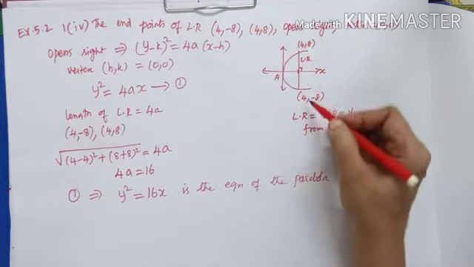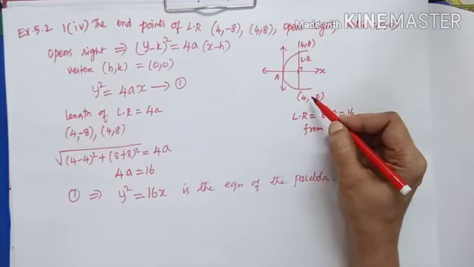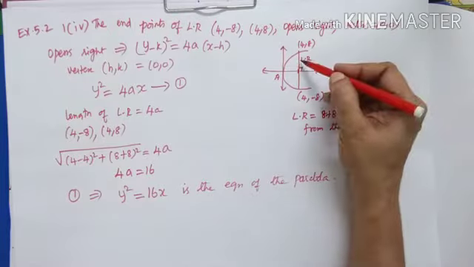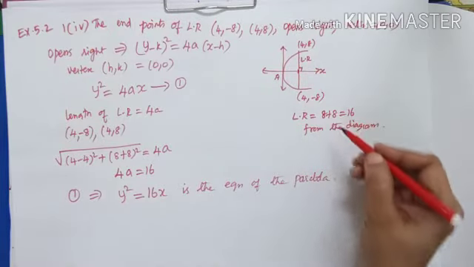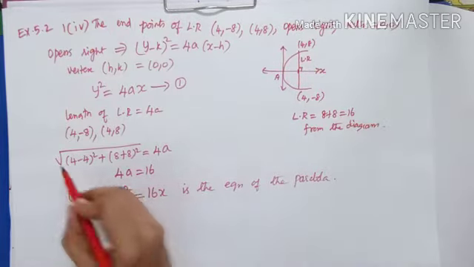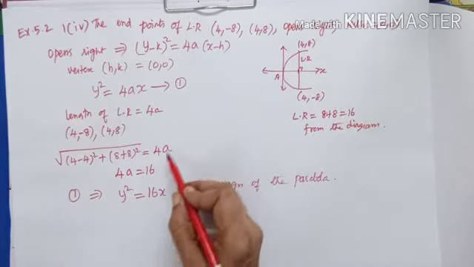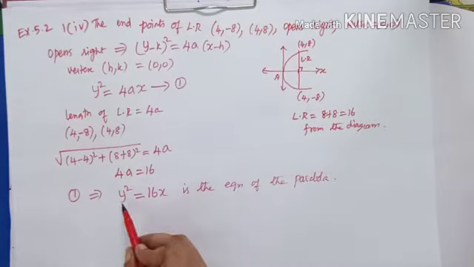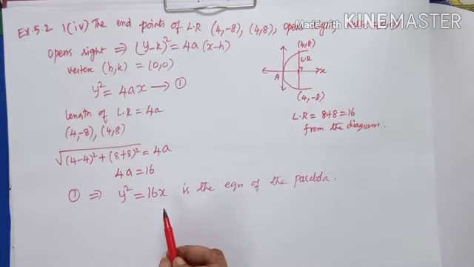Ends of latus rectum are given. We should know the length of latus rectum is 4a. From the diagram 8 plus 8, 16 is 4a, or use the distance formula and get what is 4a. Put it back in the equation and so we get y square equals 16x.